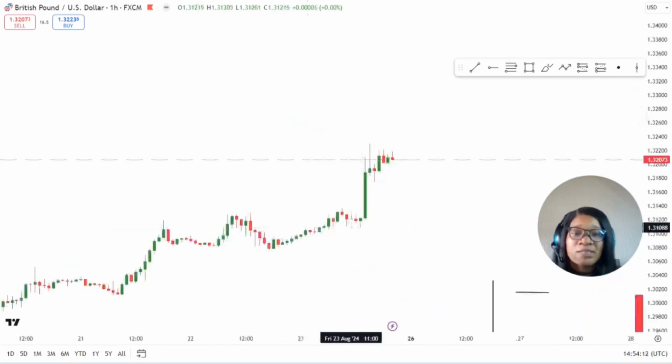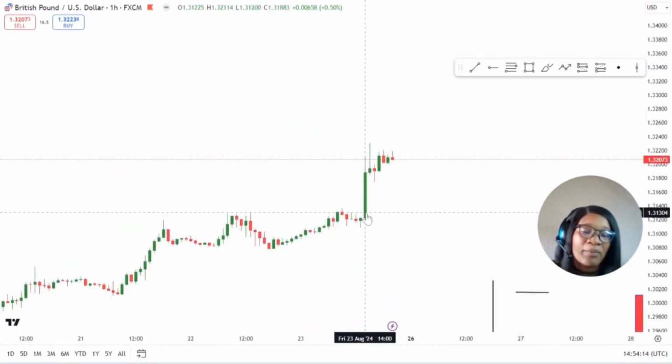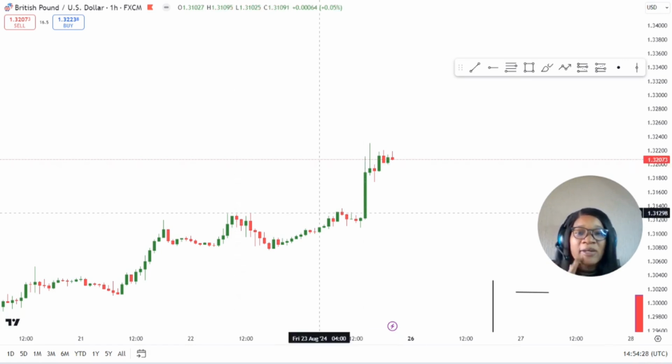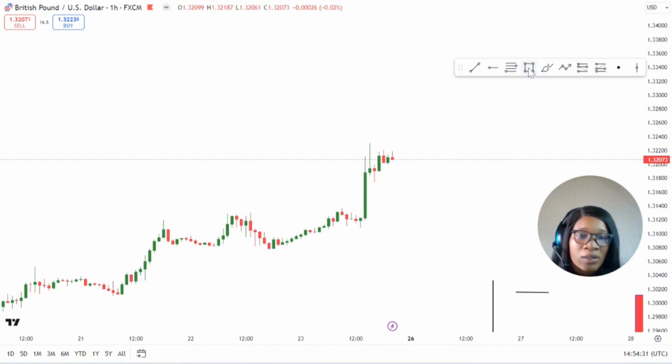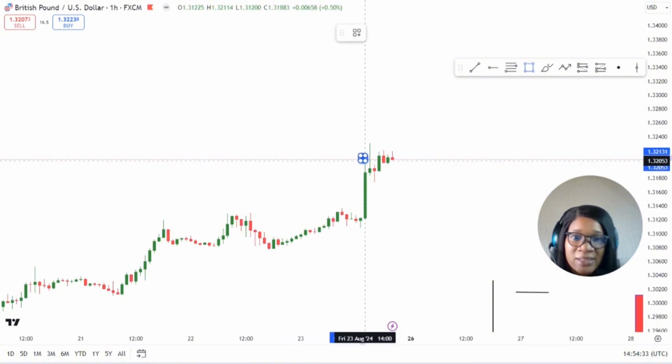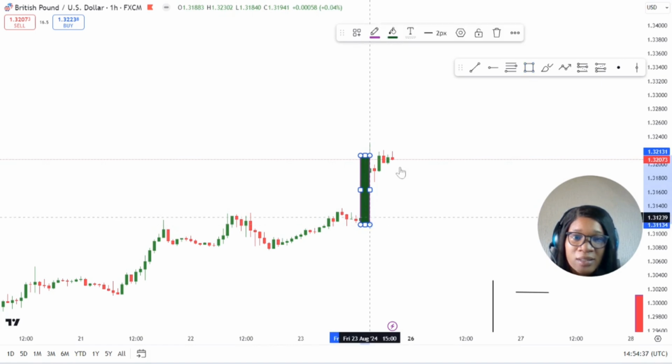Okay, so another thing you should understand is that for every candlestick that you look at on any time frame, if you scale down to a lesser time frame, you will still see multiple candlesticks that form this big one. So let's take a very good look at this candle here, this long candle here.